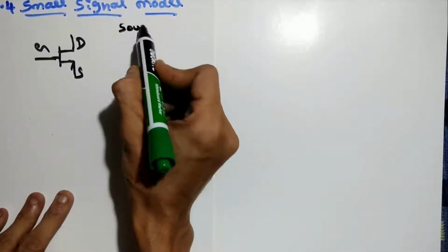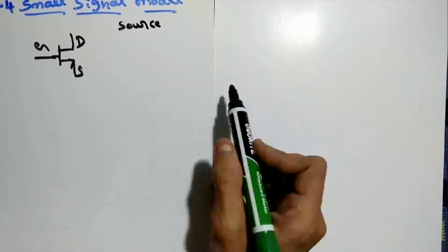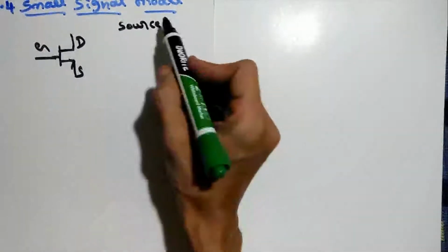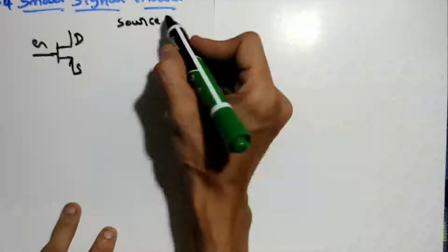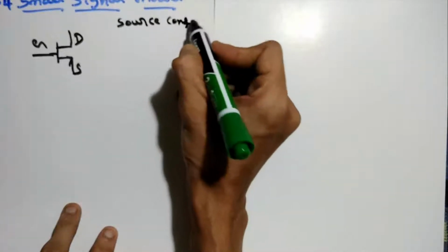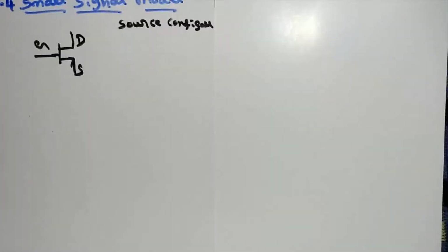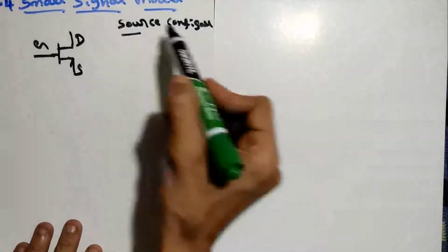There are three types of configuration possible: common source means source is common, common drain means drain is common, and common gate means gate is common. Here we consider the common source configuration as an example. In the second model we will go for the small signal model of the gate configuration, drain configuration and source configuration. Here we will only discuss the source configuration.